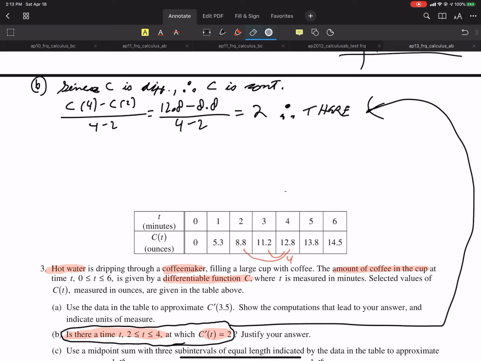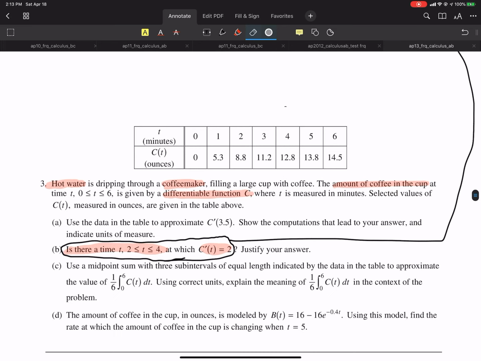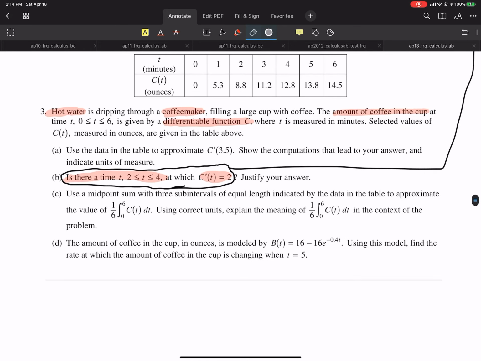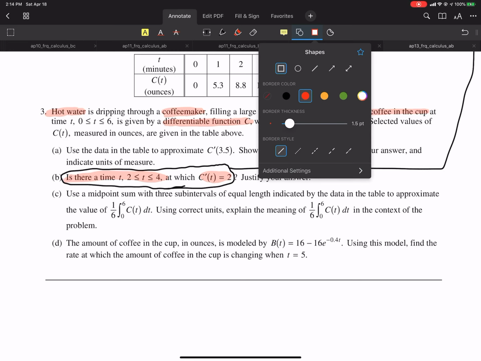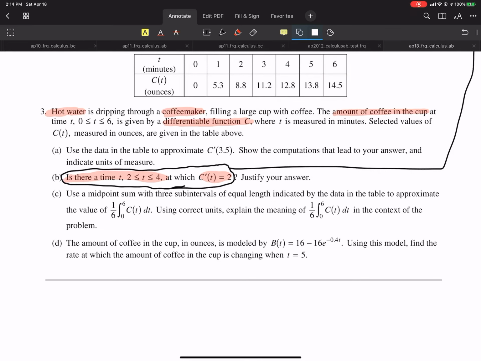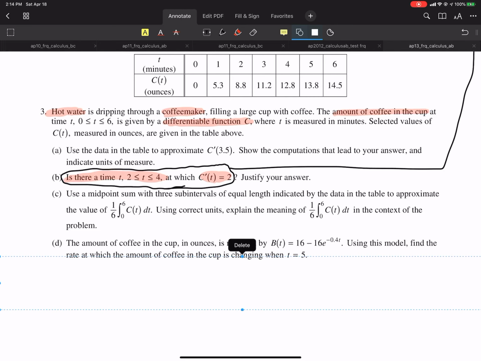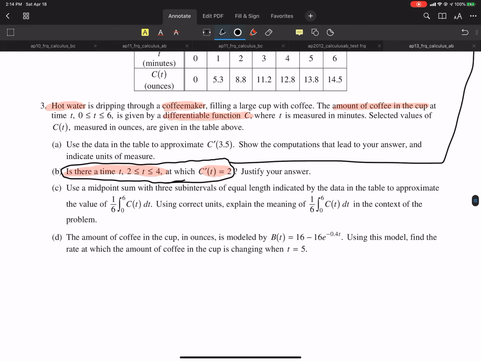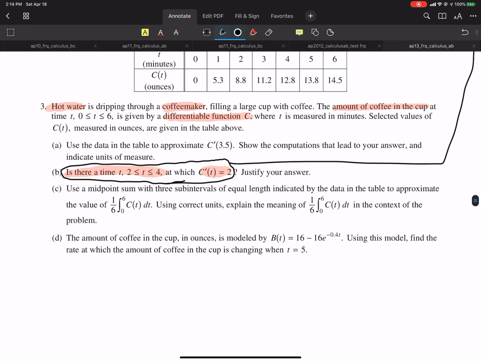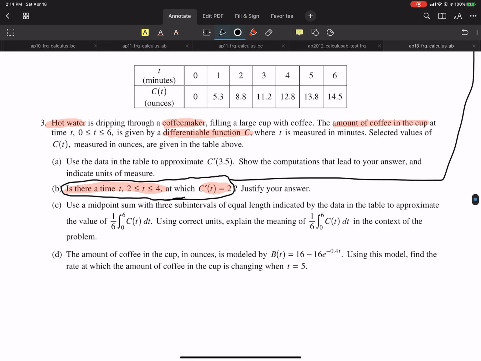Let me erase all this for you. Let me do some magic to get rid of this line here. Bam. Use a midpoint sum with 3 subintervals to approximate this integral given from 0 to 6.